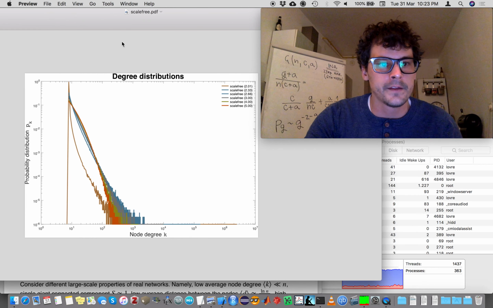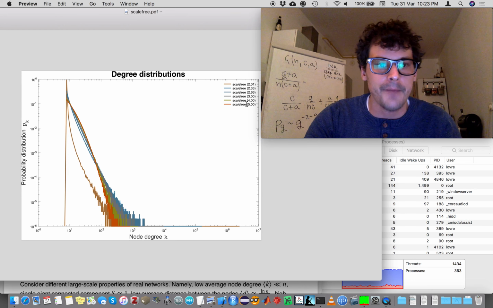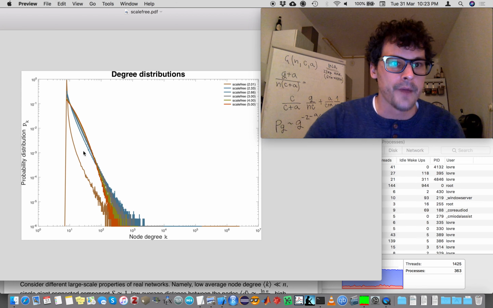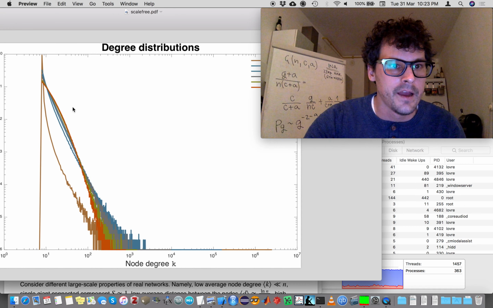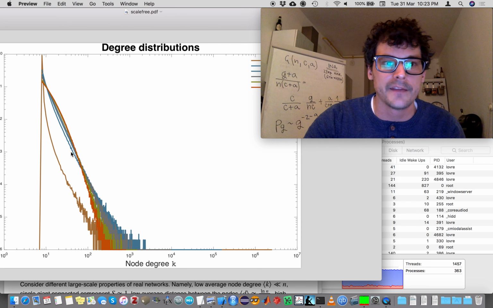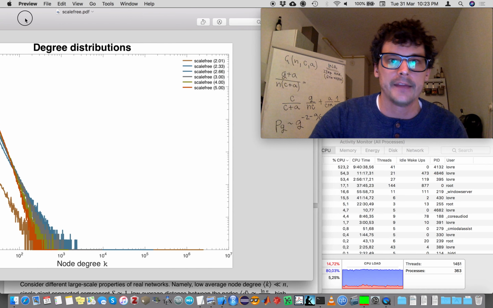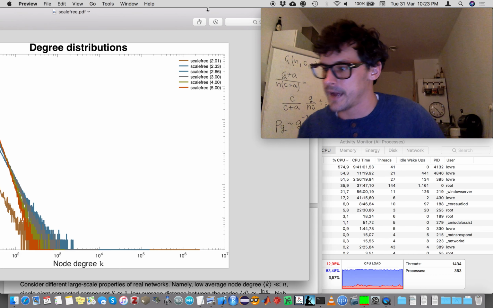If we look at them, you can see that we get roughly a straight line for different values of gamma, and the larger the gamma, the steeper the slope. I think this is best visible here in this part, where you can see the red curve is on the top and the blue curve is on the bottom, and they switch in the tail, and this exactly corresponds to different values of gamma.